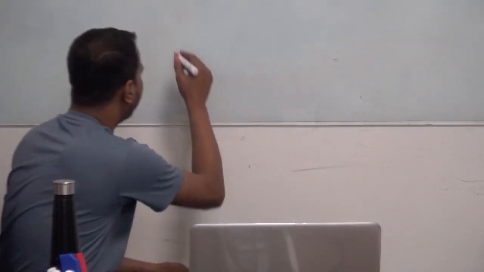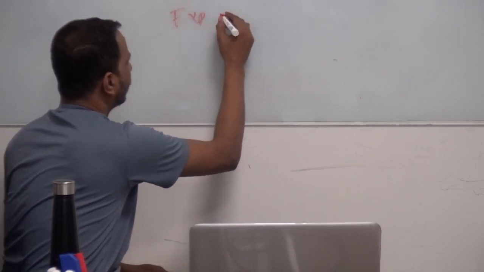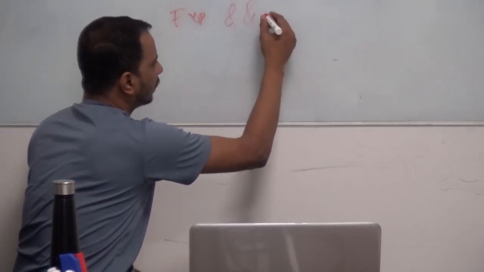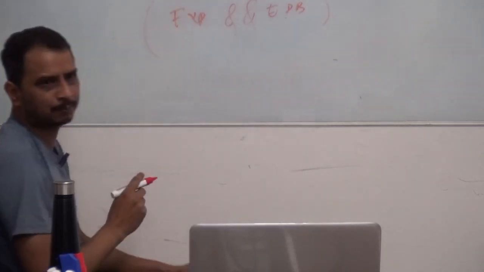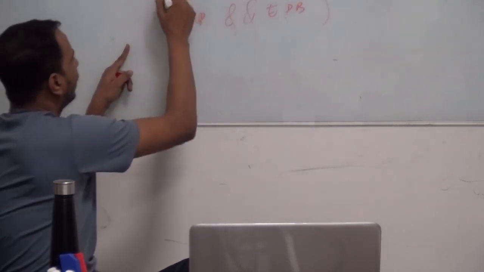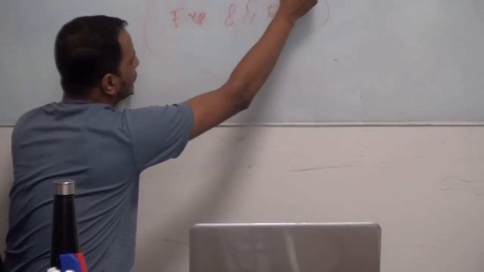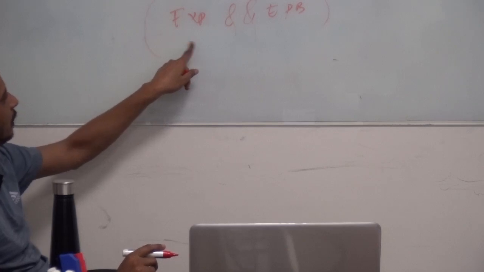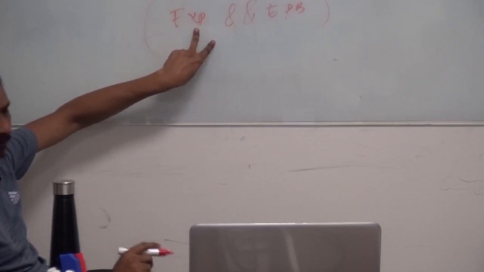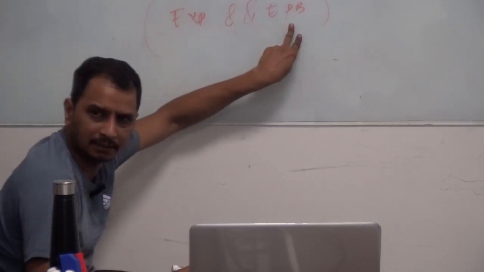So we have expression A, and we are writing ampersand expression B. But there is an overall expression as well, say C. Now, the result of C will be true if expression A is true and expression B is true.